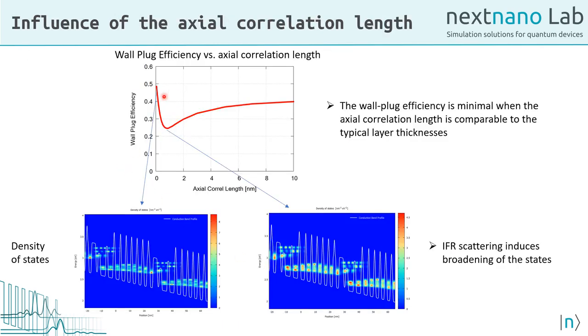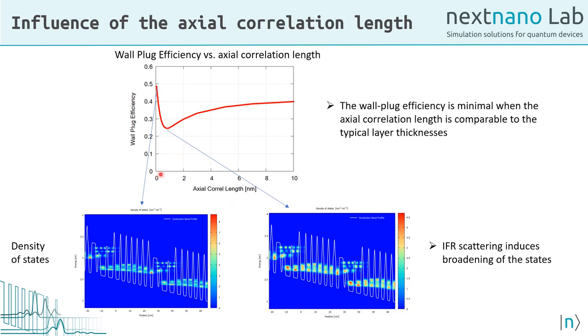Now we can look also at the influence of the axial correlation lengths on the QCL performances. Here we plot the wall plug efficiency of the laser as a function of the axial correlation length, and we see that for very small correlation lengths, the interface roughness has little effect because the different contributions tend to cancel out, whereas increasing the axial correlation length, we have a decrease of the wall plug efficiency because we have more dephasing and shorter lifetimes.